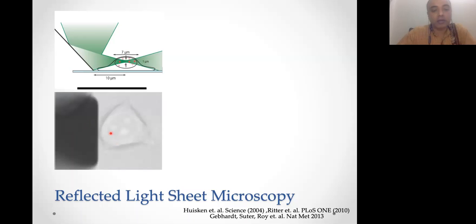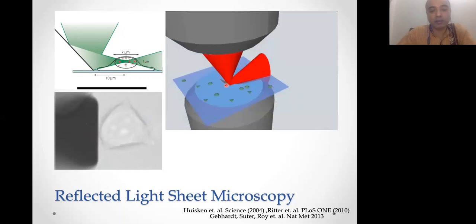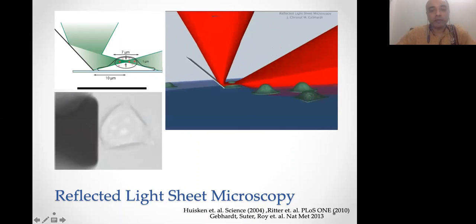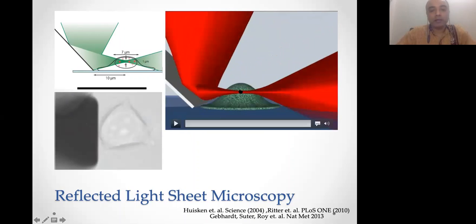The cell is sitting here, and the light sheet is coming top down, hitting this area, and then it's going to get reflected into this, creating an optical section through the cell, a mammalian cell in this case. So this is a view of what is being done. And by scanning the cell, instead of scanning the whole geometry here, you can get Z-sectioning across the cell.